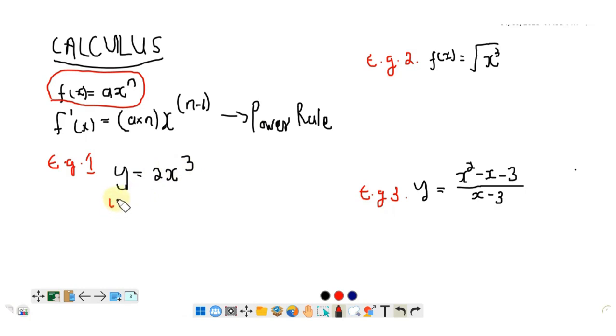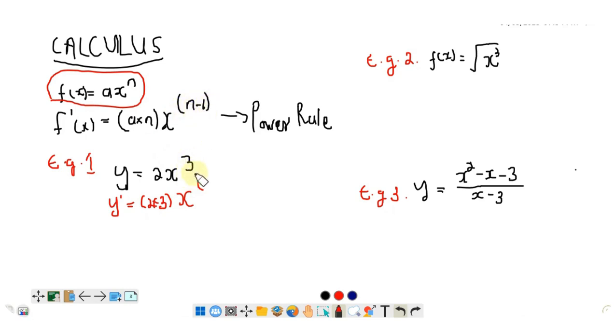When you derive it, say y prime, so that it's a derivative, is equal to. The rule says a times n, so it's going to be 2 times 3, then I write x, and then we go to the exponent. The rule says n minus 1.